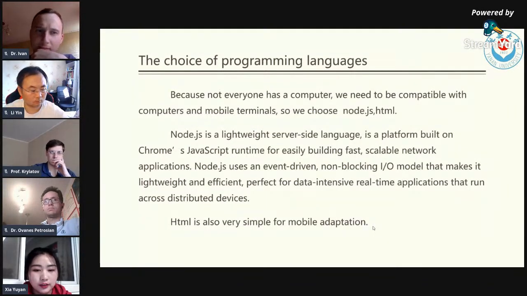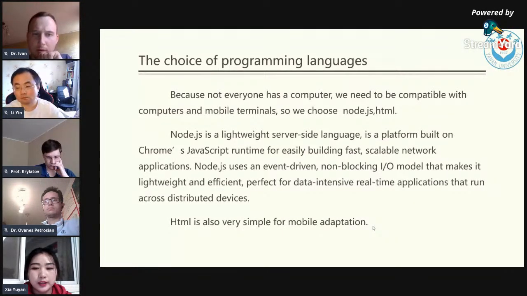Page 7. Because not everyone has a computer, we need to be compatible with computers and mobile terminals. So we choose Node.js and HTML. Node.js is a lightweight server-side language.